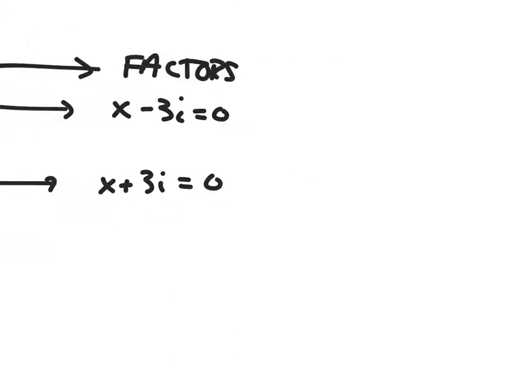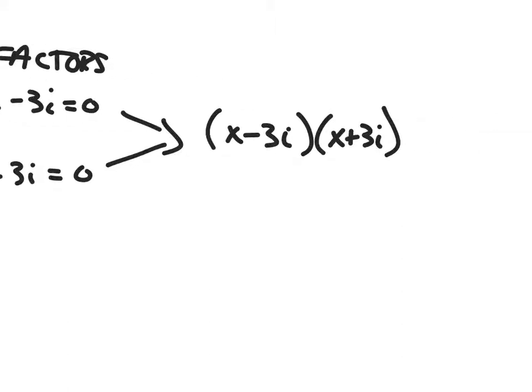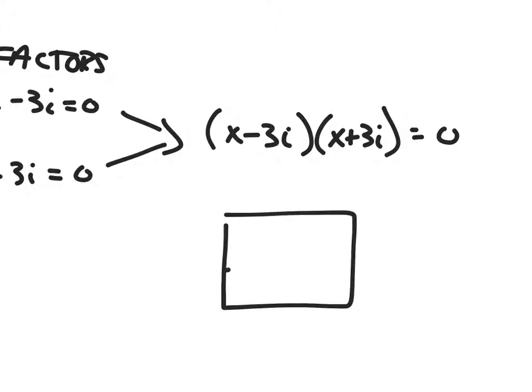And then I'm going to multiply them together. If I take both of those and put them together, we're going to get x minus 3i times x plus 3i, and that's going to equal 0. We can use the box method if we want, and I'm just going to go ahead and do that.